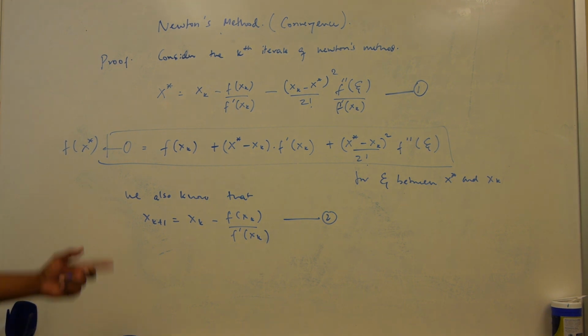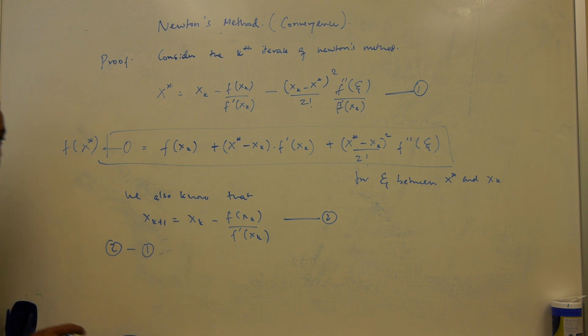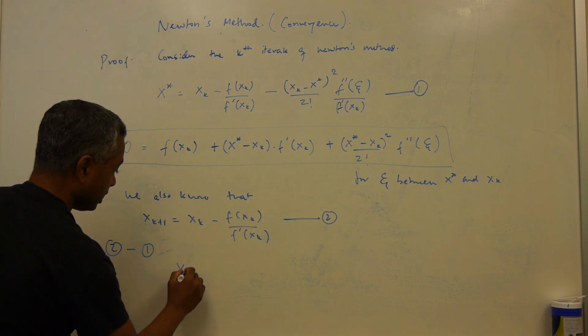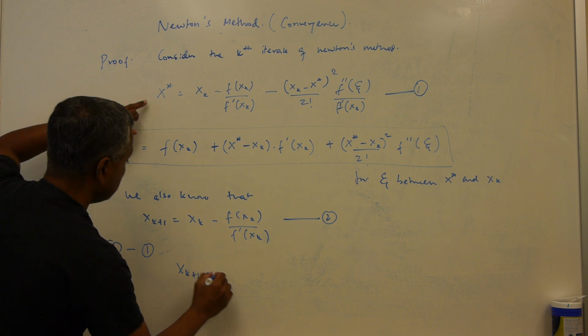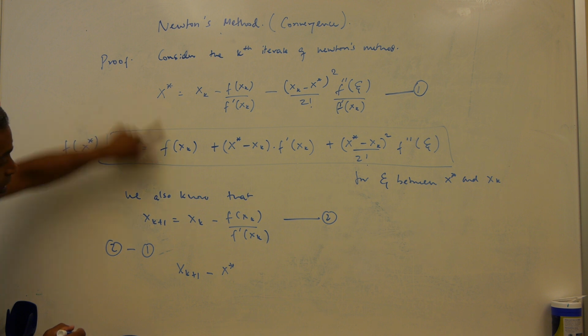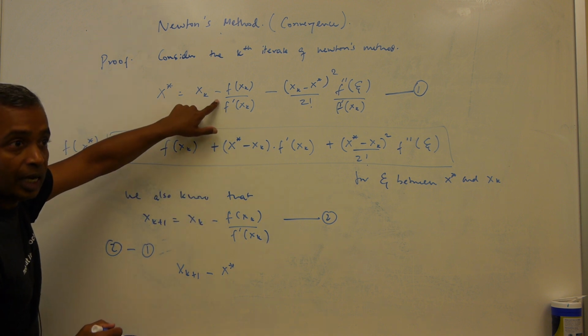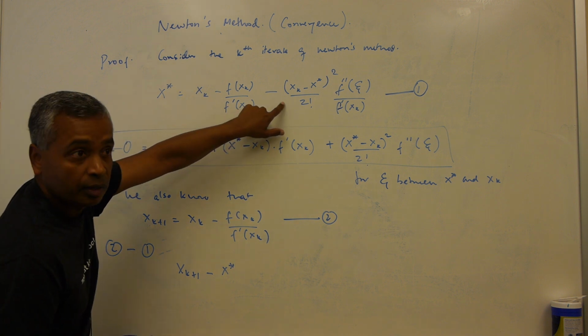Okay? Now if I do 2 minus 1, what do I get? I get xk plus 1 minus x star. This is xk plus 1 minus x star. This goes away, and what remains is just this term. Okay?